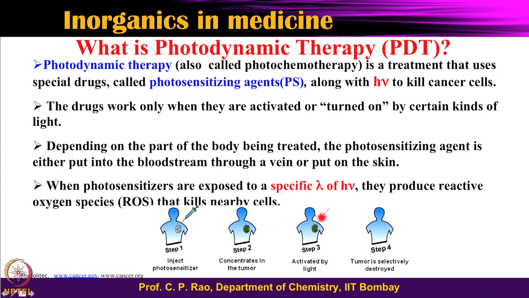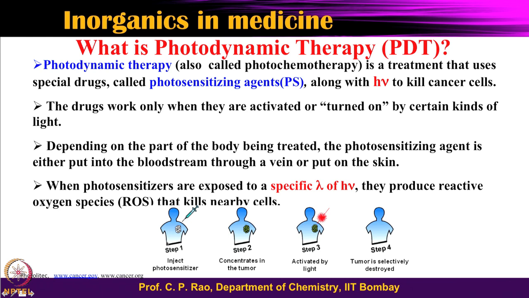All these are called reactive oxygen species, which I have already explained to you earlier when I was talking about the superoxide dismutase enzyme and catalase enzyme. And this will bring death to the cells.